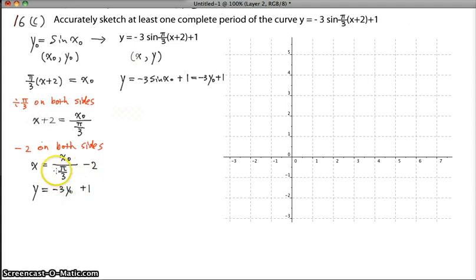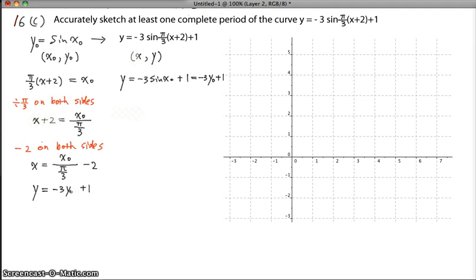And so if you look at this, that really means for any x, it's gonna first divide by pi over 3, then minus 2. So you can think about whatever the point originally on the y equals sine x, we always have this kind of operation to produce a new point.